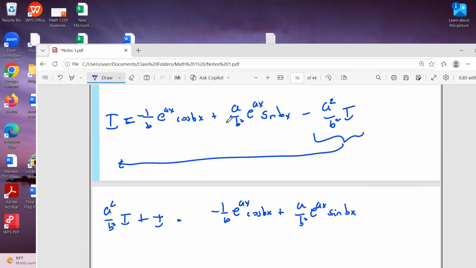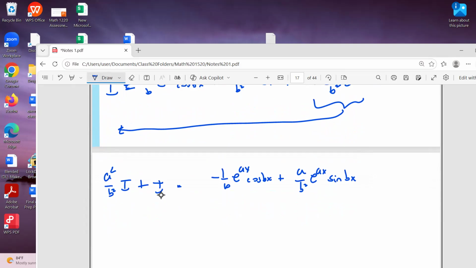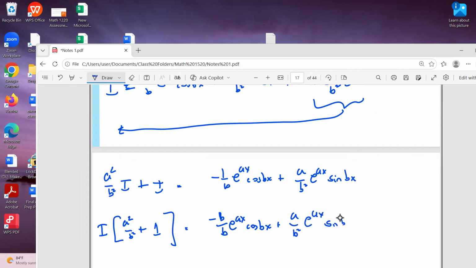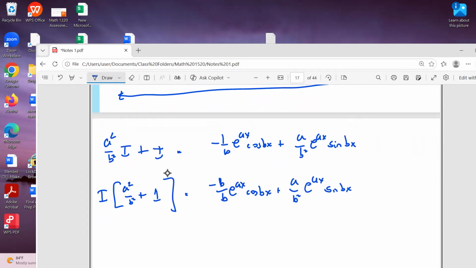It's a mess. From here, I'm going to factor out this I. So we could say this is I times a squared over b squared plus 1, equals negative 1 over b e to the ax cosine bx plus a over b squared e to the ax sine bx. And then we're just going to divide by this piece right here.